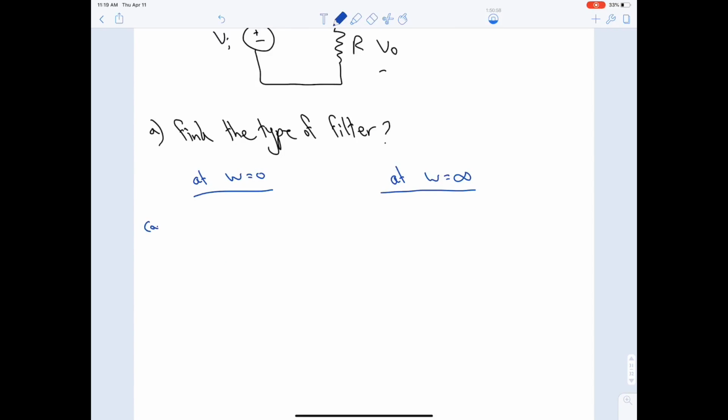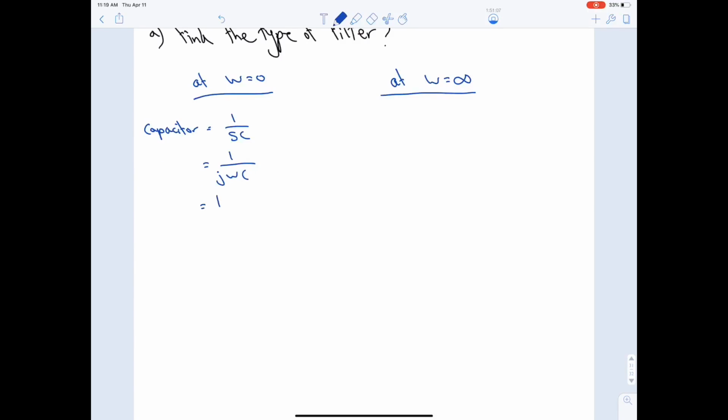So we will say capacitor is equal to 1 over SC, which is equal to 1 over JWC, which is equal to 1 over 0 infinity. Okay, here capacitor is equal to 1 over SC, 1 over JWC, which is 1 over infinity equal to 0.